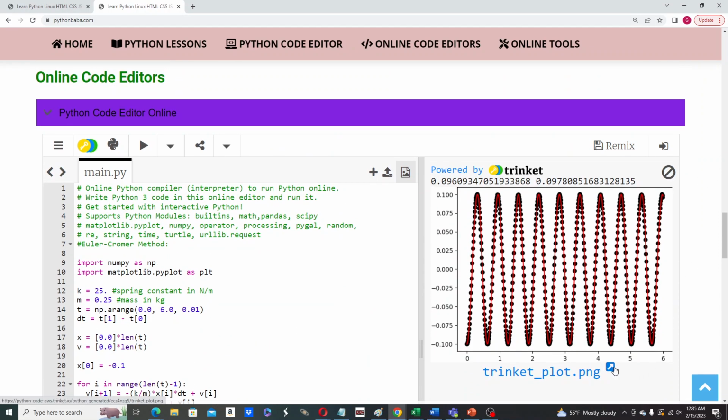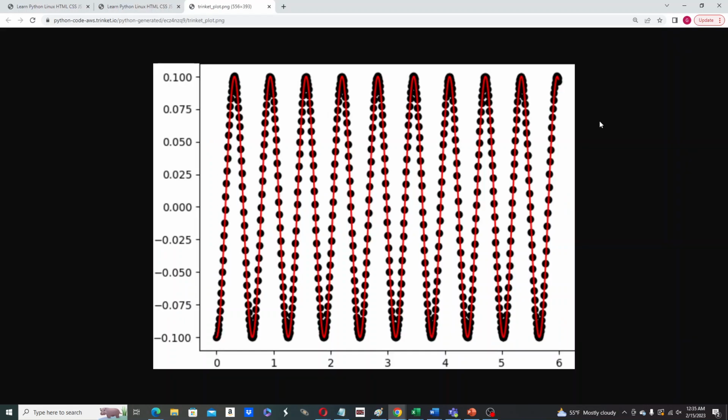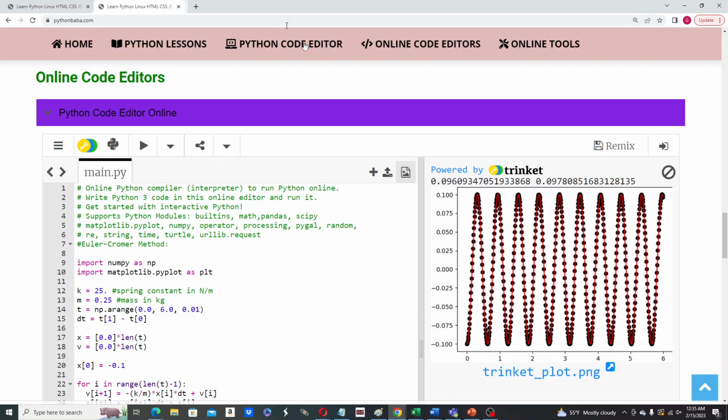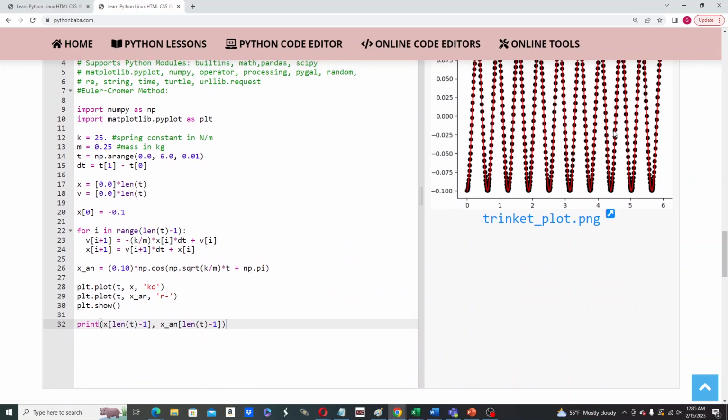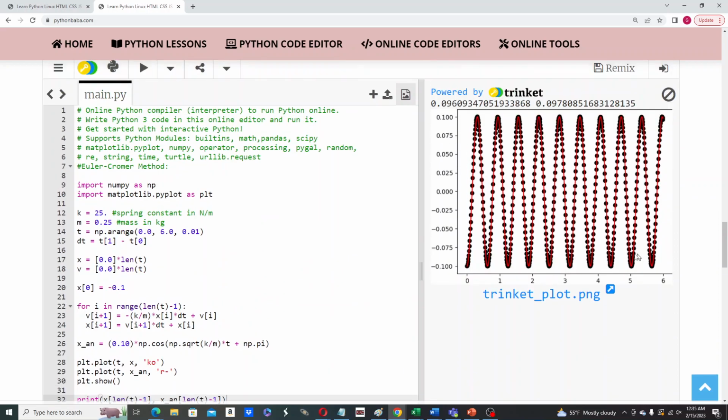But the point here is that this is a very, very good match, right? Very good match. And so it's quite easy to see that that little tiny correction does a really good job of fixing how disparate the original Euler method was when applied to systems beyond first order.